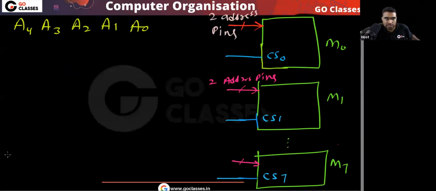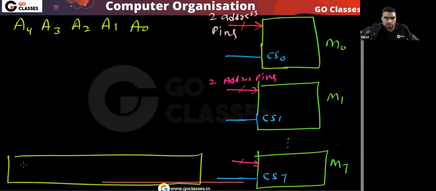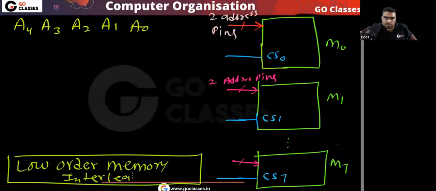Now I am telling you the concept of low order memory interleaving. So in this low order memory interleaving, you just quickly tell me which bits I will use to select a chip.